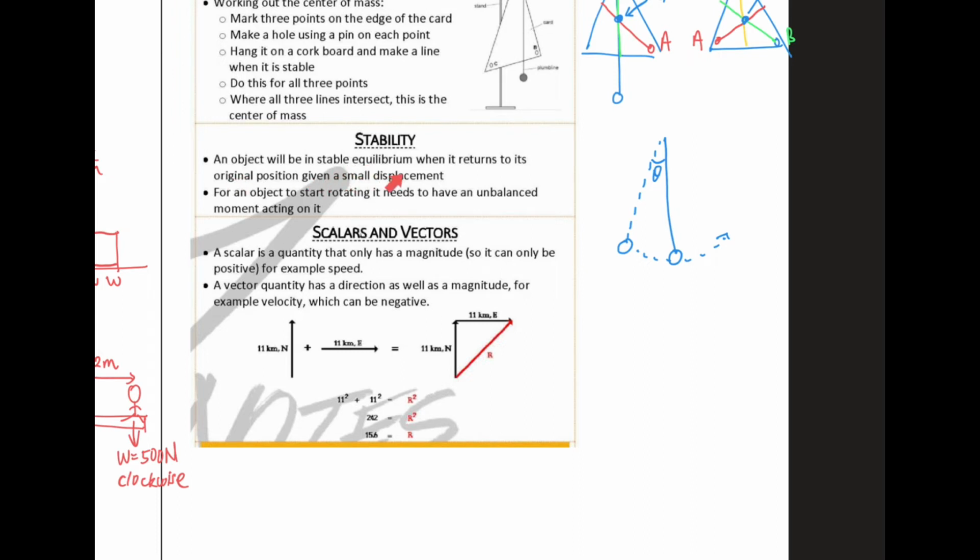Given that it is a small displacement, it cannot be too much. If it's too much, then after that the oscillation is not regular already. So the displacement is a little bit, for example. Imagine that it has to go a little bit further in order to go back to its original position.